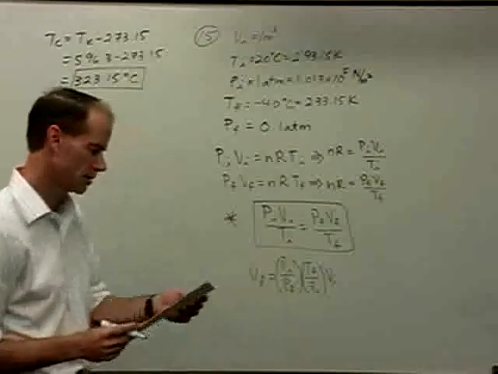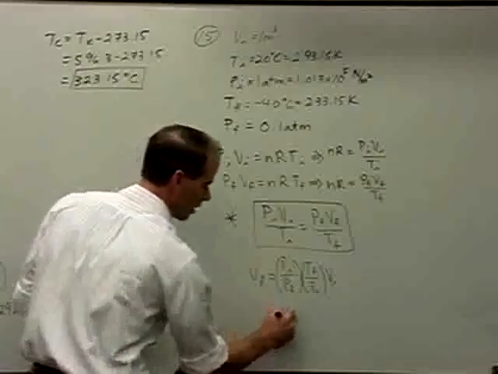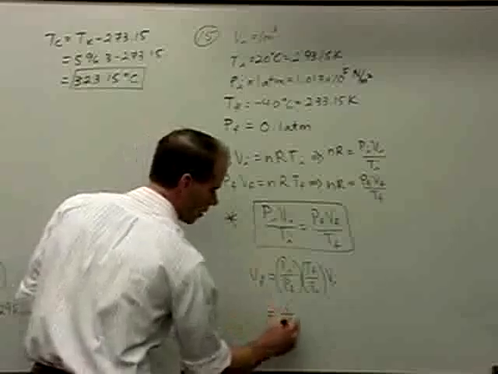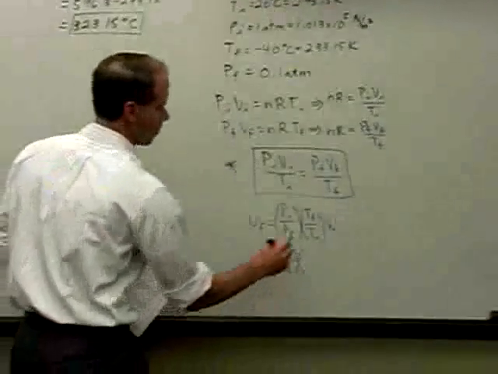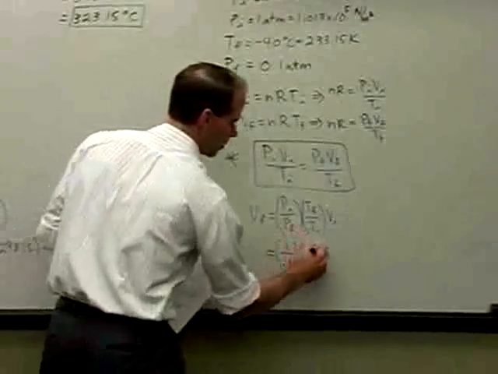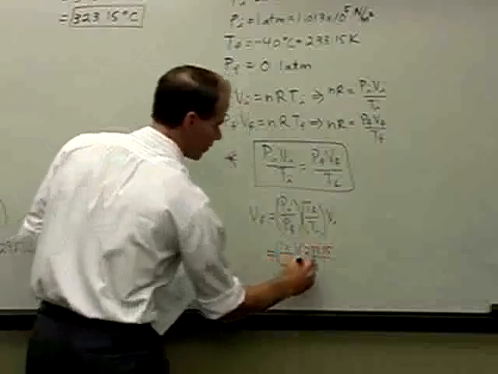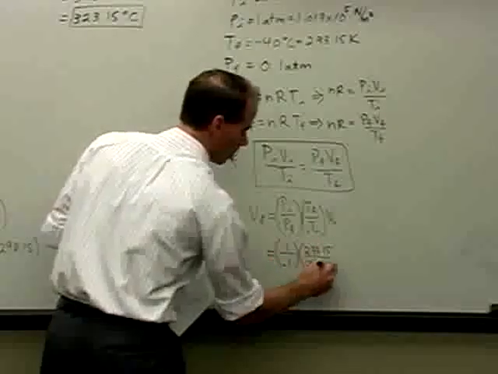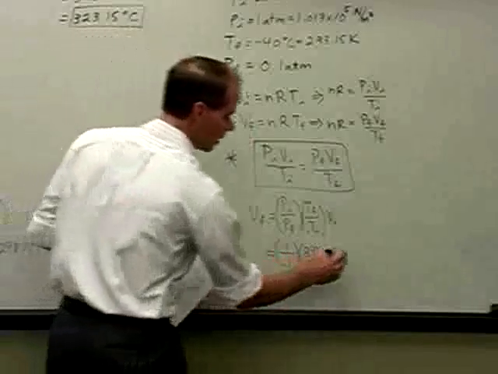On this one, we have then that our P initial was 1, our P final was 0.1 atmospheres, our T final was 233.15, our T initial was 293.15, and our initial volume was 1.